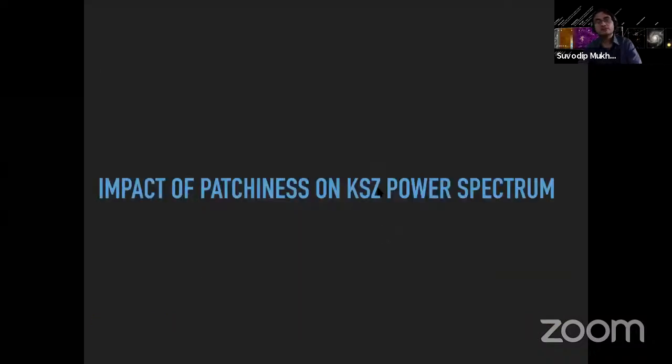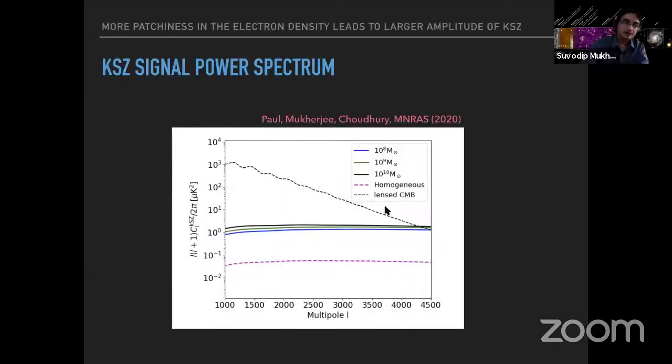At first, I'll talk about the impact of this on the kSZ power spectrum. If we calculate the kSZ power spectrum from the simulations, in the sense of a completely homogeneous scenario, which is not the case, but let's ask what is the typical power you have in a homogeneous scenario during the epoch of reionization.